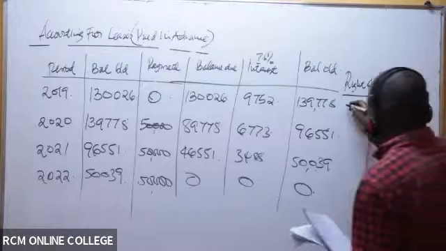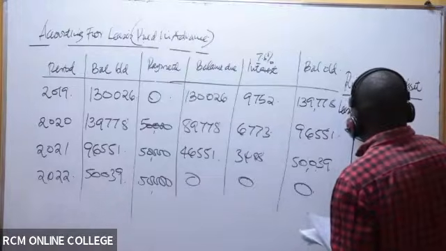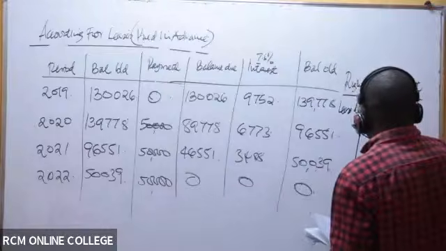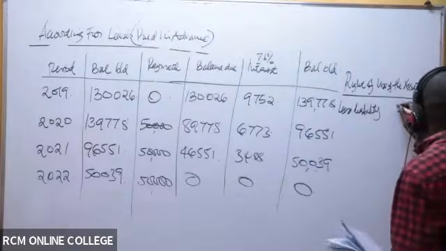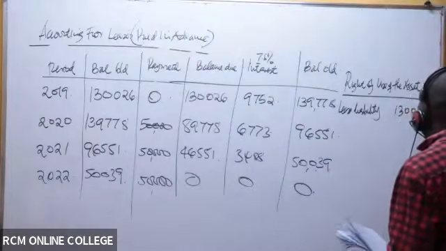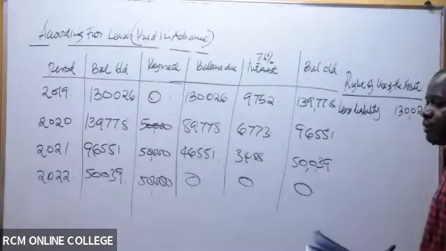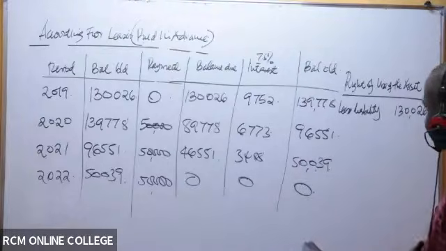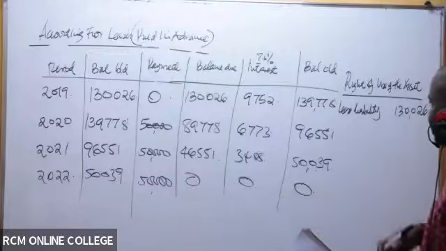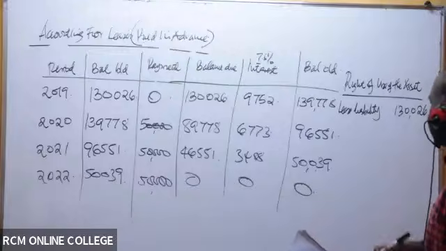In this case, you take the lease liability, which you've already been able to compute, that 130,026. But remember, there's something I was telling you. If you are a very keen student, I told you, if there was a payment that was made immediately they commenced on the lease, you'll have to add it.